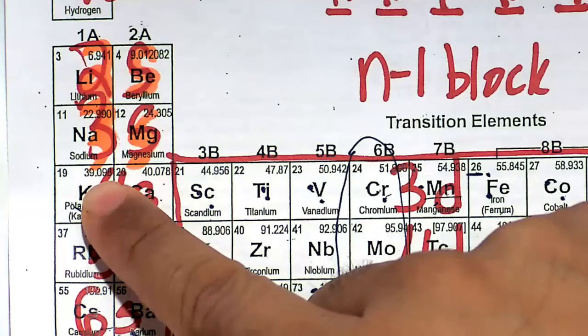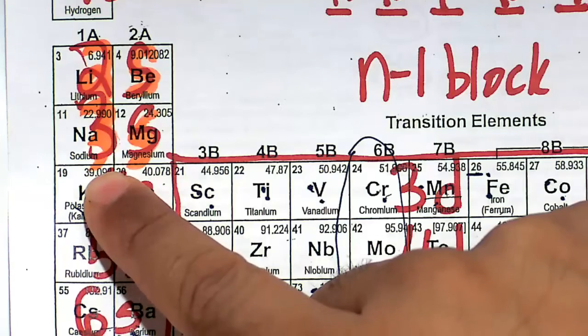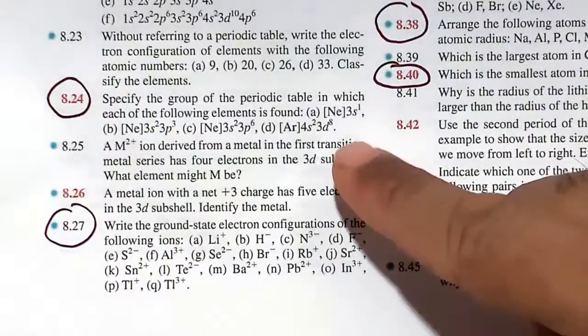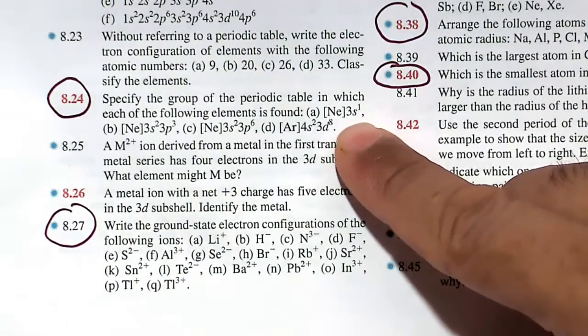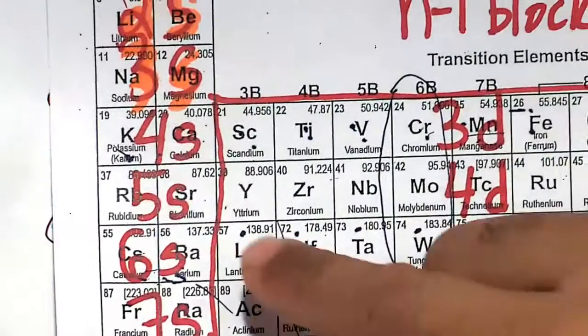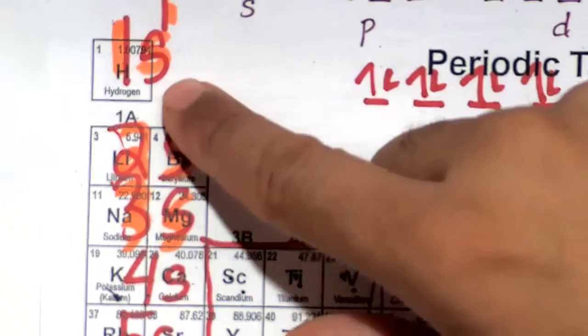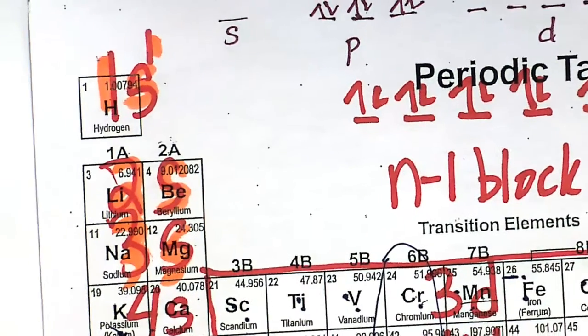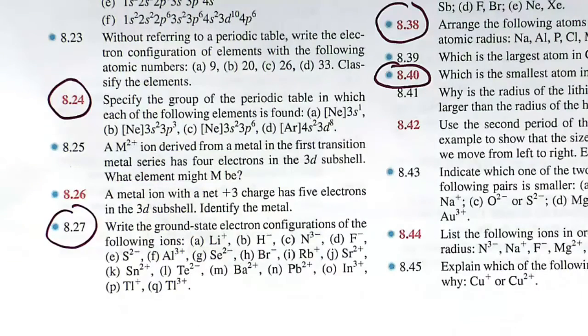That 11th electron is going into the 3s1 area. So neon 3s1 represents the electron configuration for sodium. And we know sodium is in group 1 of the periodic table, or 1A, and those are called the alkali metals. So the answer for part A is sodium, an alkali metal.